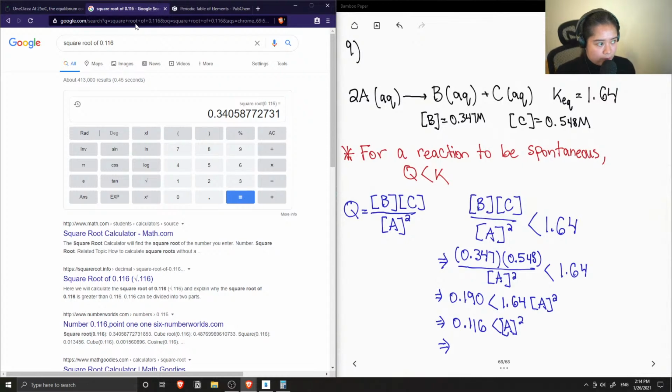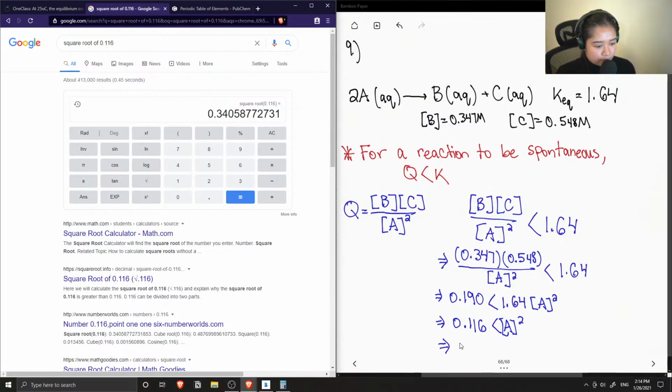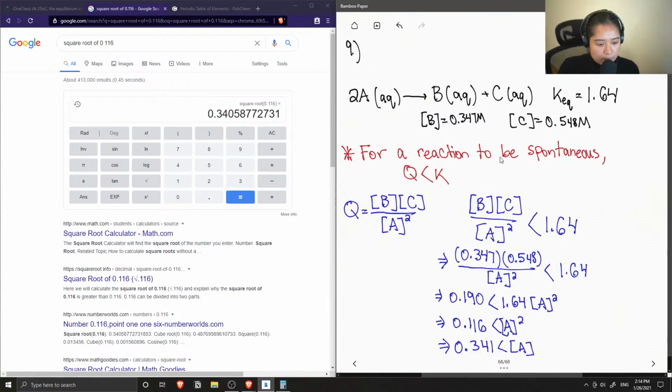Okay, so it is 0.34. So this tells us that our concentration of A needs to be less than 0.341.